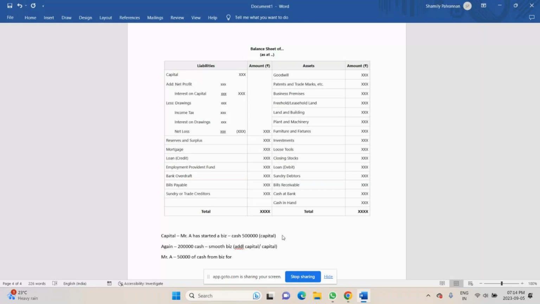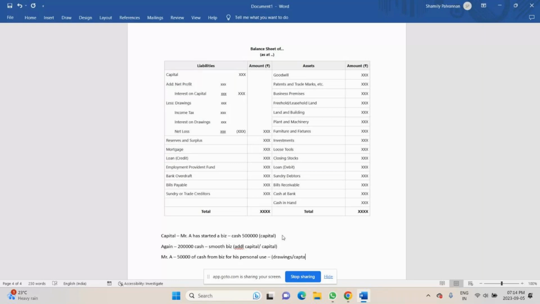But when he is taking money from the company for his personal use, then we call it drawings. Drawings are again a capital only.